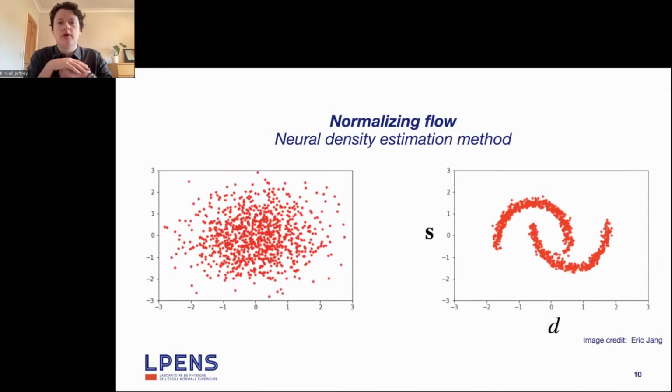A typical way of doing this is with a normalizing flow in machine learning, where you try and find a mapping, a bijection, between a known distribution, like a Gaussian you can see on the left, that transforms your points on the right, your data and signal simulations, into the known distribution.